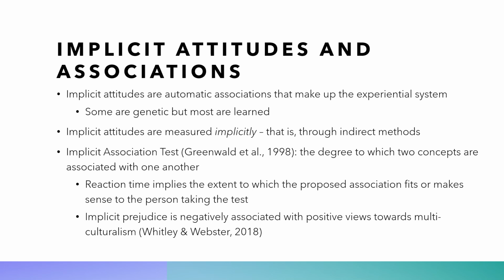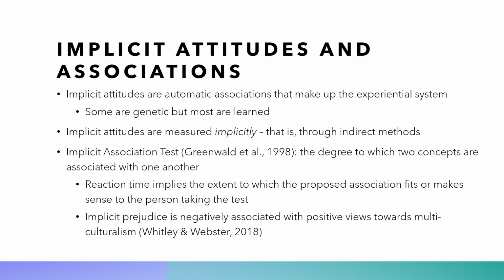The implicit association test has been very significant to studying prejudice and racial bias in social psychology. It's become quite controversial as this term has really entered our cultural world.